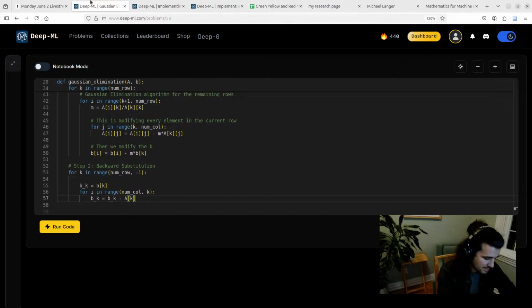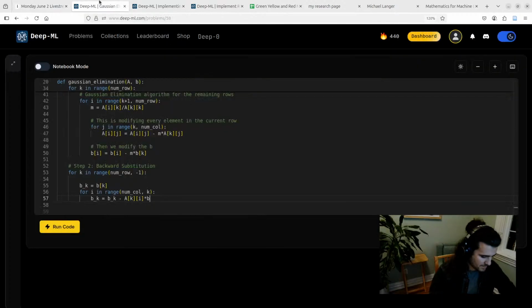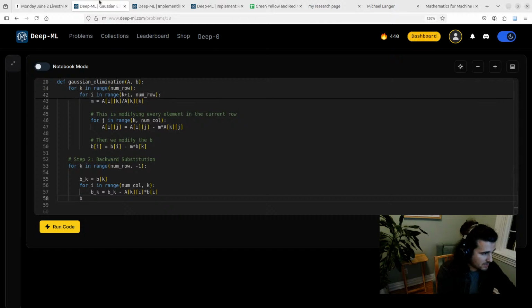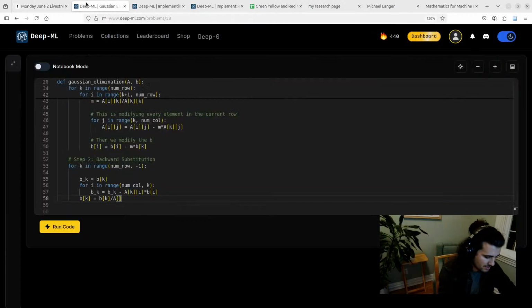A at k i times b at i. And then we're going to do b at k equal b at k divided by a k k.